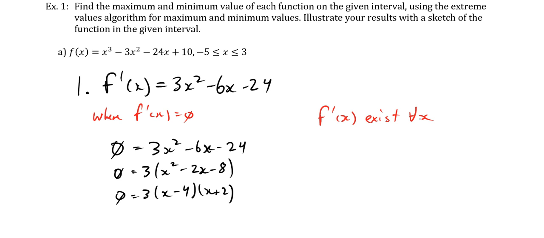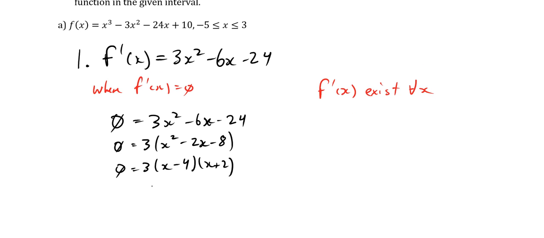There's nowhere where the derivative does not exist. So for this example, that part, we don't do it. Oh, I didn't quite finish this. So this is where x equals 4 and negative 2. We good so far? Very simple, straightforward.